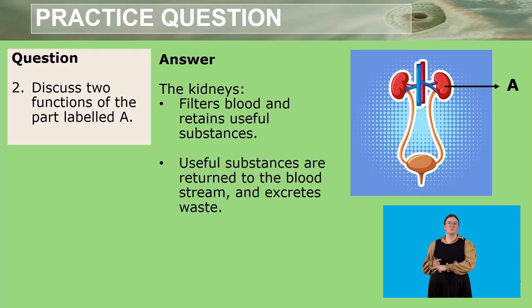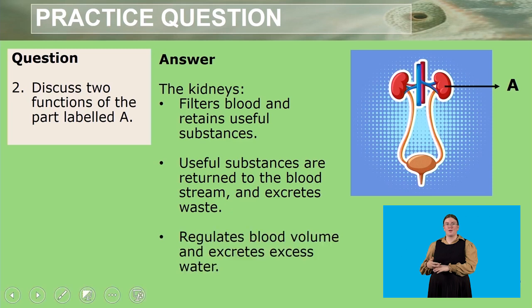The useful substances are returned to the bloodstream and it excretes waste. And then you can also mention that it regulates blood volume and excretes excess water. So you can mention any two of those 3 points because the instruction says that you must discuss two functions of the kidney.